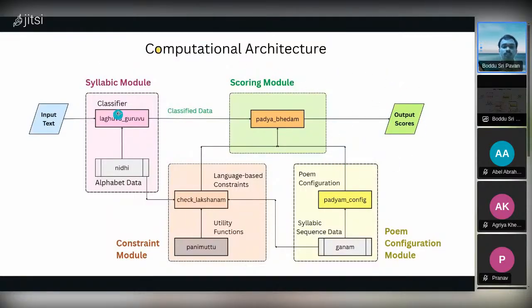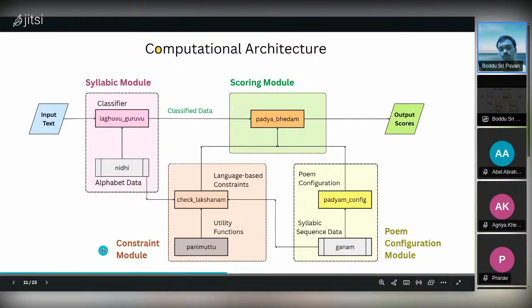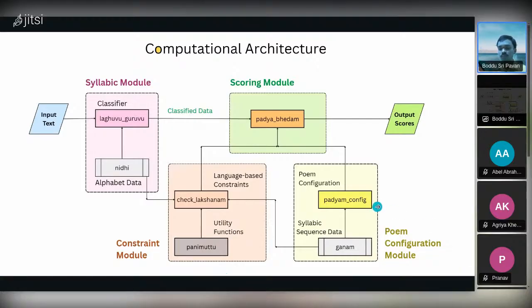And this is the computational architecture that we have focused on. It majorly comprises four different modules. One is the syllabic module, which classifies the given character as heavyweight or lightweight. This is the constraint module, which implements language-based constraints. This is the poem configuration module. As we previously discussed, each poem has language-based constraints as well as syllabic constraints.